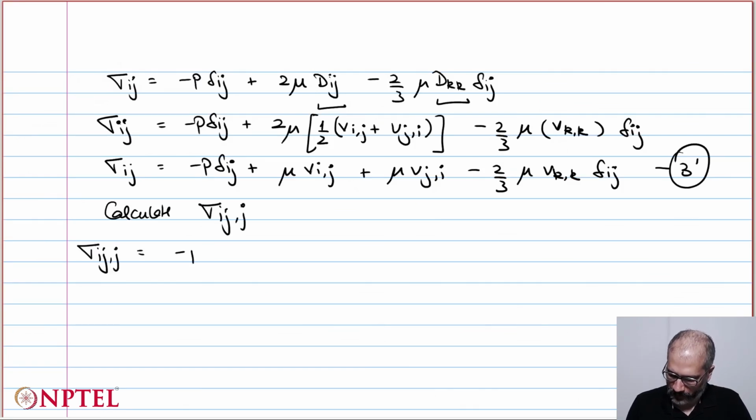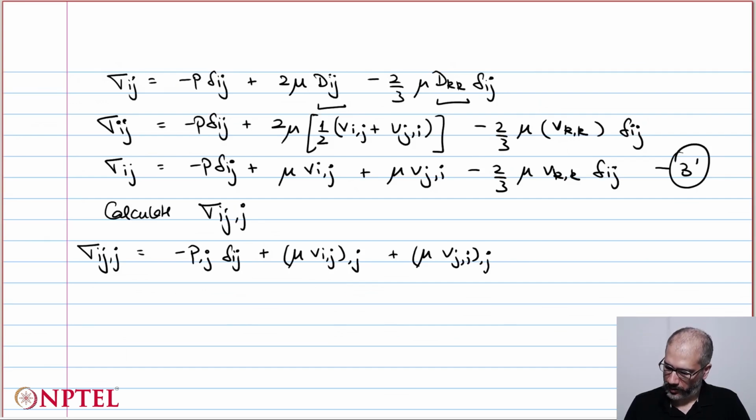So this becomes minus p comma j times delta ij, because delta is a constant, and then we have mu times v i comma j whole comma j plus mu v j comma i comma j. So now you can see that with index notation this calculus becomes very straightforward, and then we have minus 2 by 3 mu v k comma j times delta ij. So comma j basically means that it is del by del x j.